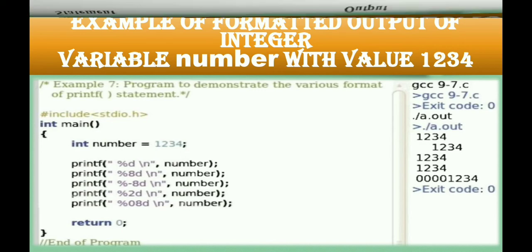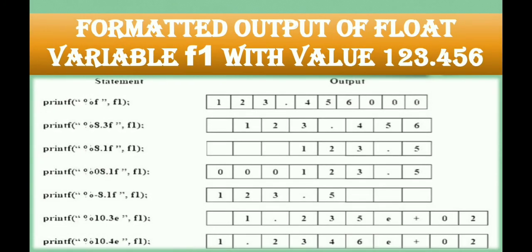Now we will see the example with the float variable. So here the variable name is f1 and the value is 1234.456. So by default, when you print the float variable with its format specification %f and f1 as your variable name, it will display with left side justification, and after the point by default it will display 6 characters.